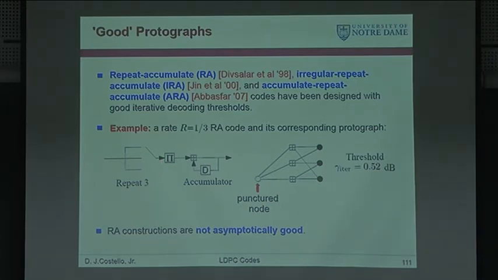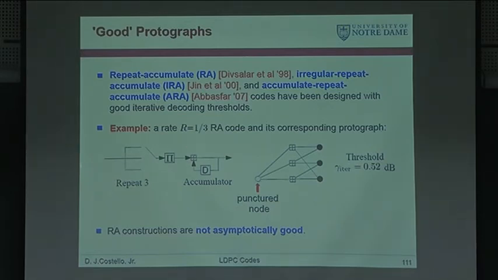So they started with this from the point of view of a turbo-like code with very simple encoding, and they were thinking, okay, what does this look like if we thought of it as an LDPC code, and could we analyze the threshold and the distance growth properties, etc.? Now, you could analyze the distance growth properties using the uniform interleaver analysis, but it wasn't easy, at least at that time.